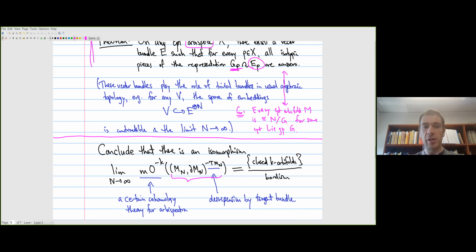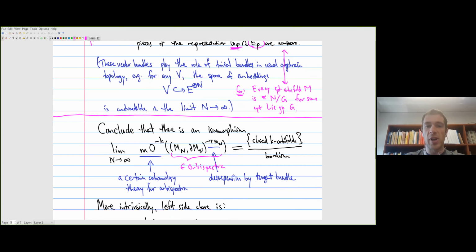That makes sense in a certain category of orbispectra. And then you apply a certain cohomology theory on orbispectra, introduced by Stefan Schwede under the name homotopical bordism. And then the theorem is that this direct limit on the left is indeed closed orbifolds modulo bordism.